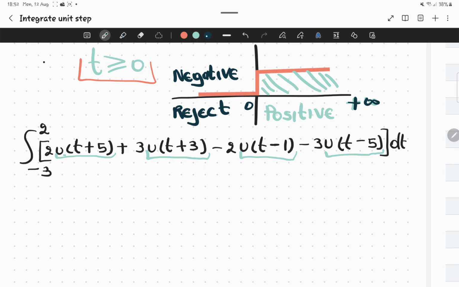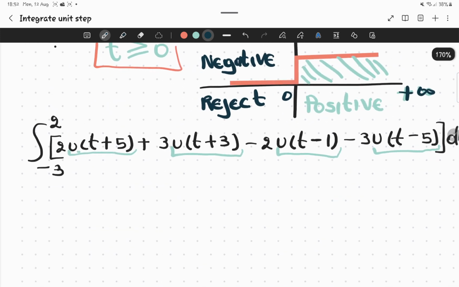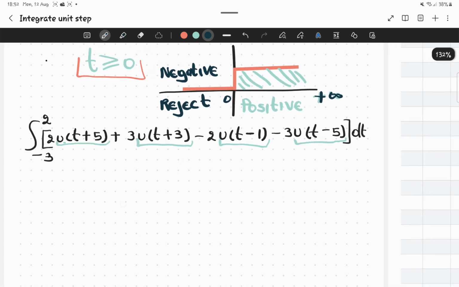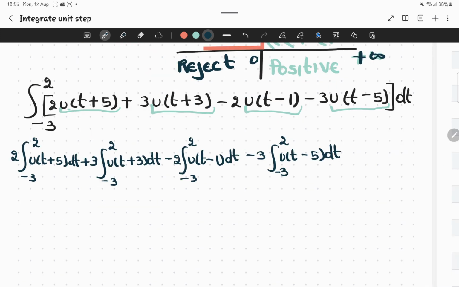Before we start, I'm going to break it down to make it more visible. Now we're gonna break it down into 4 cases.